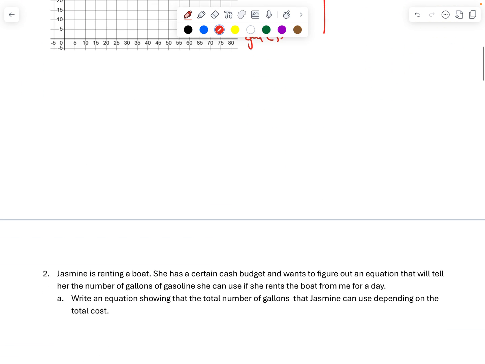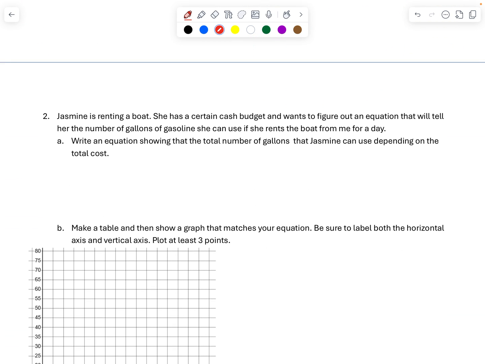All right, next. Jasmine's renting a boat. She has a budget, and she wants to figure out an equation that tells her the number of gallons if she rents the boat. She has a cash budget. That's the input. So input, rental charge, output gallons.